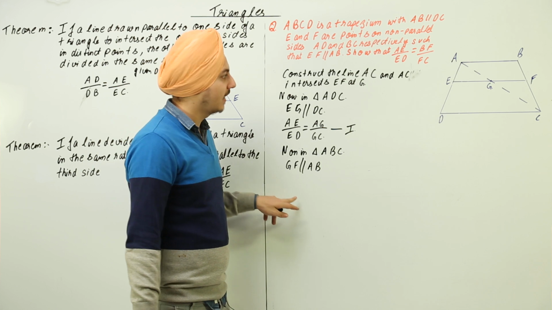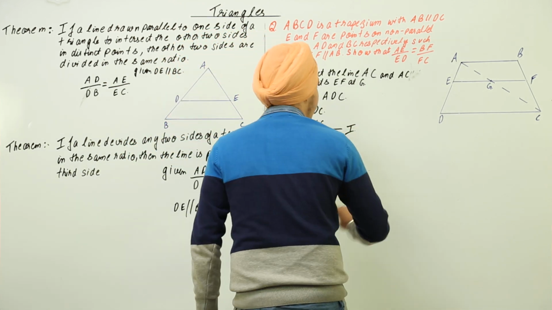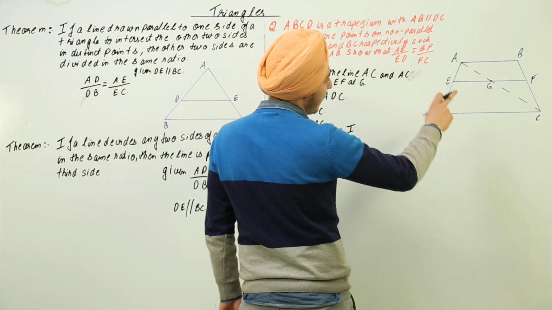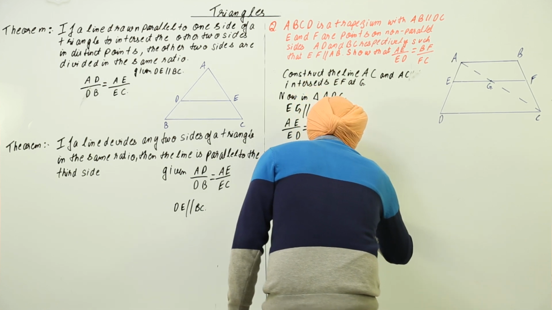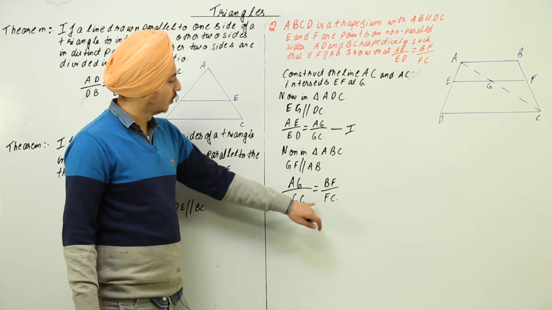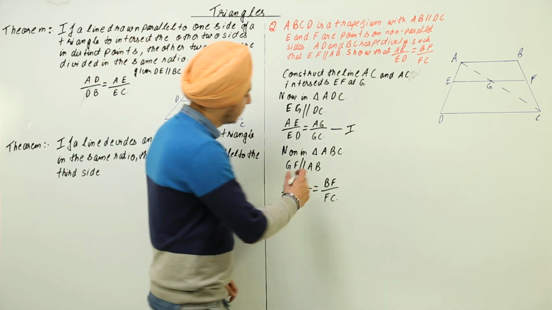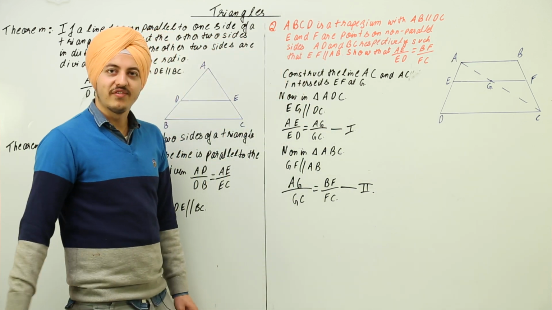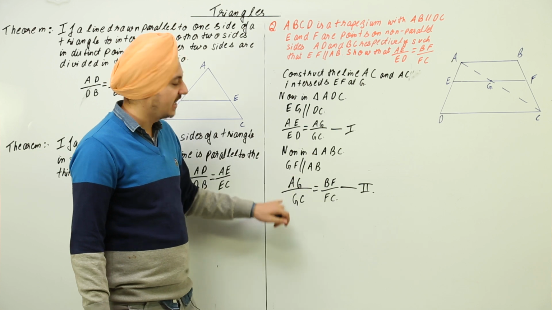Now if GF is parallel to AB, we have AG upon GC is equal to BF upon FC, correct? Let's name this as result number 2. Now if we see in result number 1 and result number 2, AG upon GC is common.